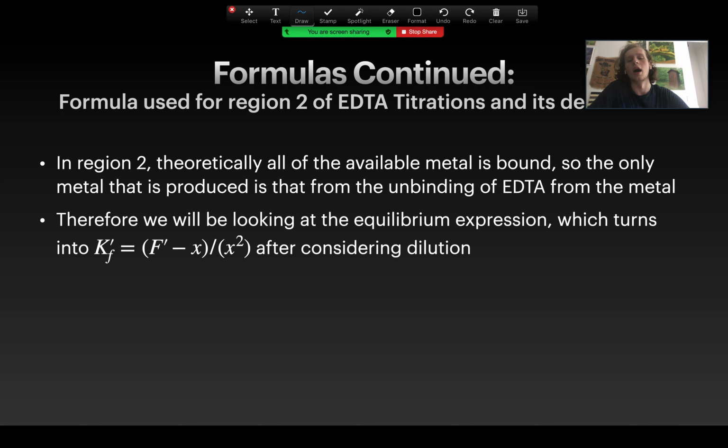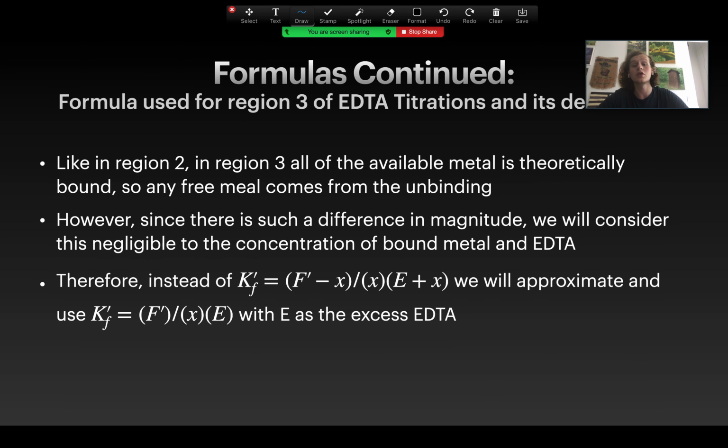Since all of it is bound, theoretically any free EDTA comes from an unbinding situation, which is where you get that minus X. Every free metal ion comes with a corresponding free EDTA, so you multiply the X's at the bottom to get X squared. Note that you have to consider a dilution for the F prime, where the formal concentration is diluted somewhat. Finally, region 3 is going to be just like that.